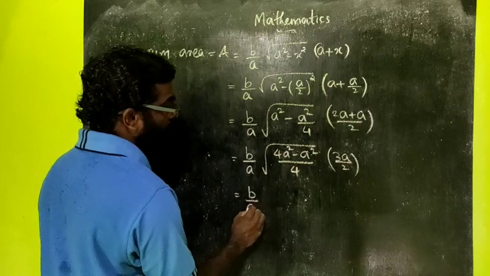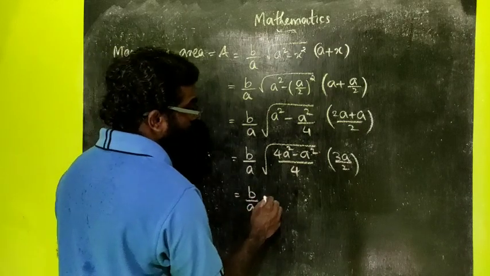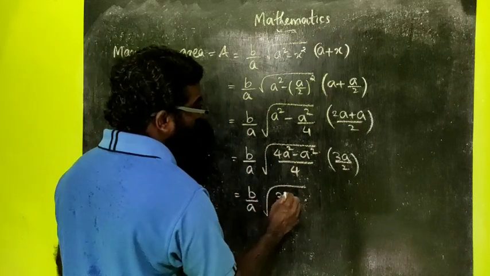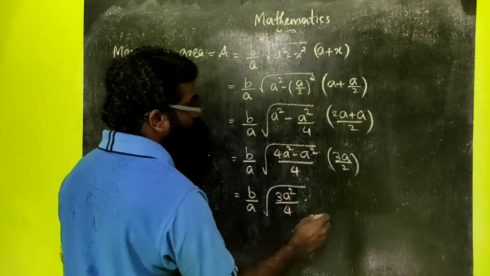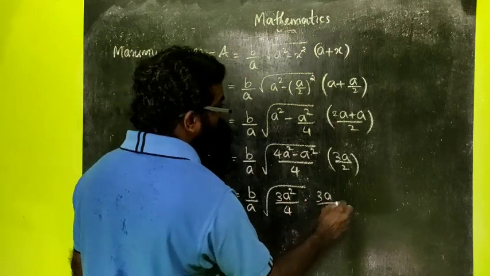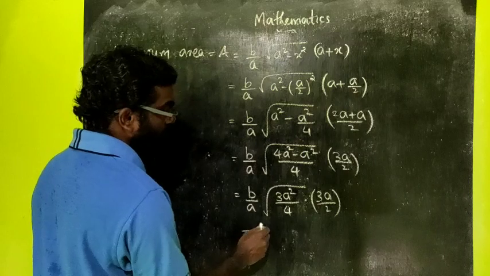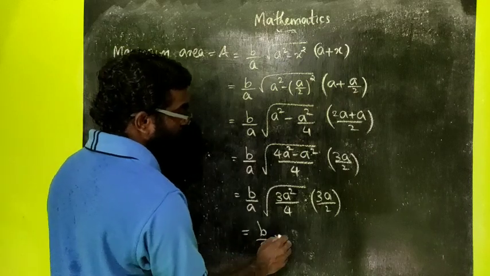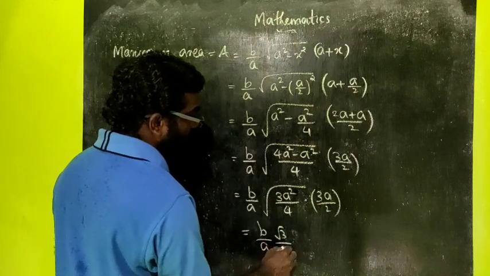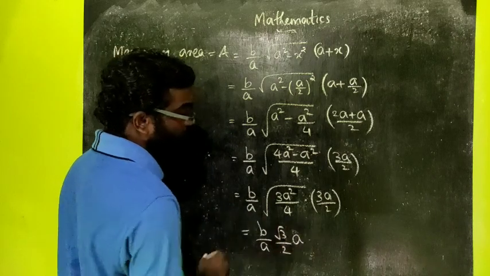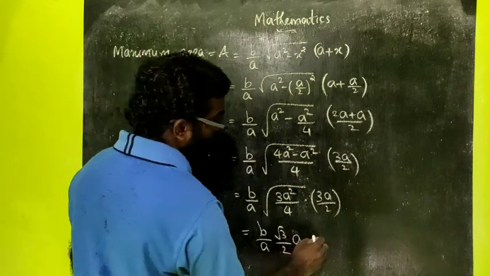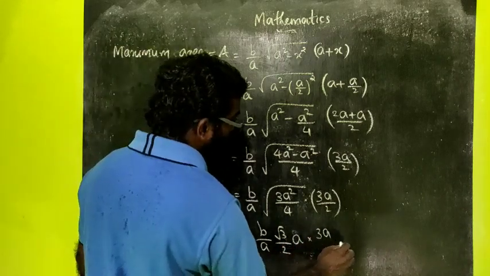That is b by a, root of 3a square by 4 into 3a by 2. This can be written as b by a into root 3 by 2 a, okay, into 3a by 2.